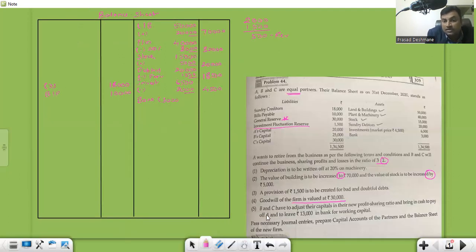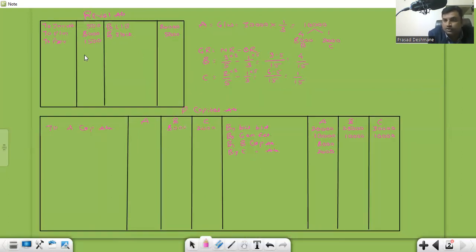Next, now this is the adjustment of capital. For that, as I mentioned in the last session also, first we need to close the account. Close the reval. Why are we closing the account? What is the reason? Because we need the adjusted balance after doing all the revaluations and adjustments of a retirement.